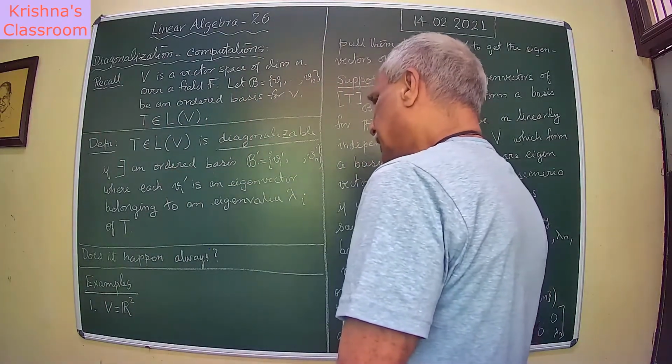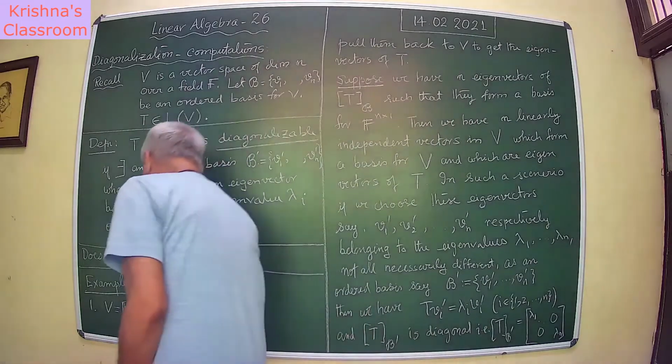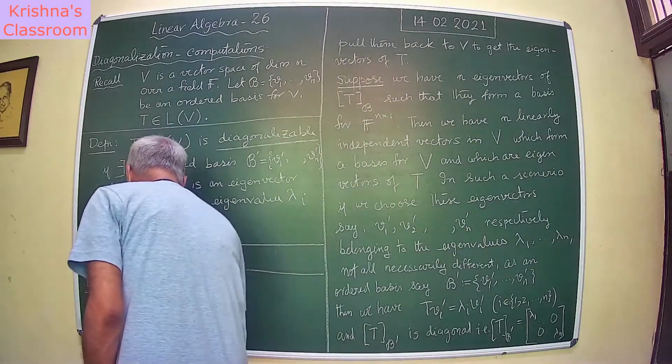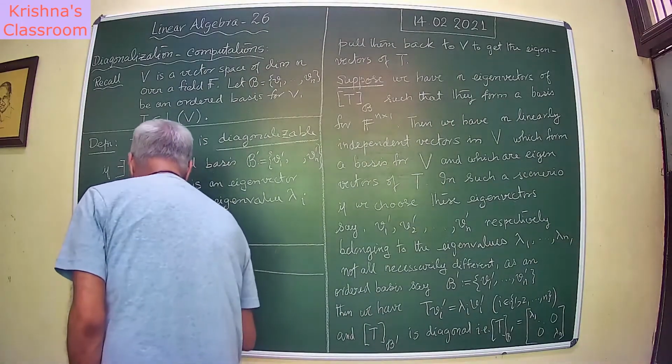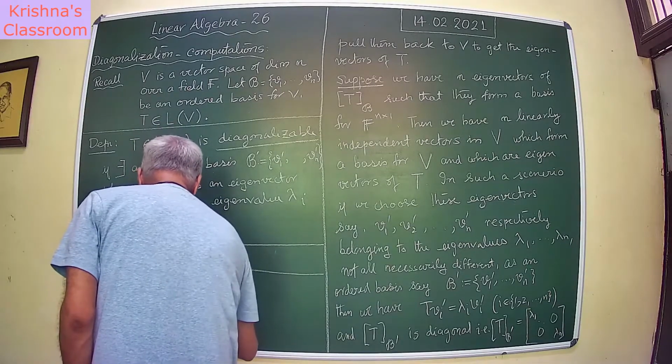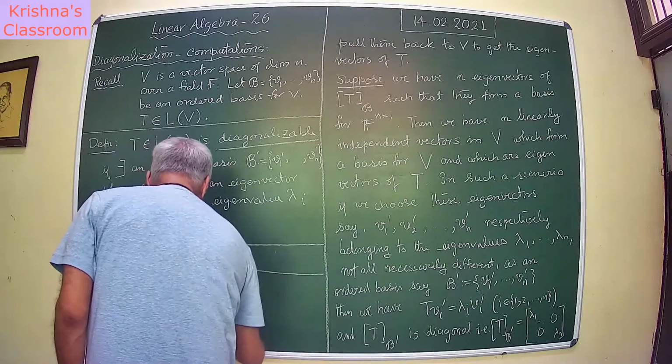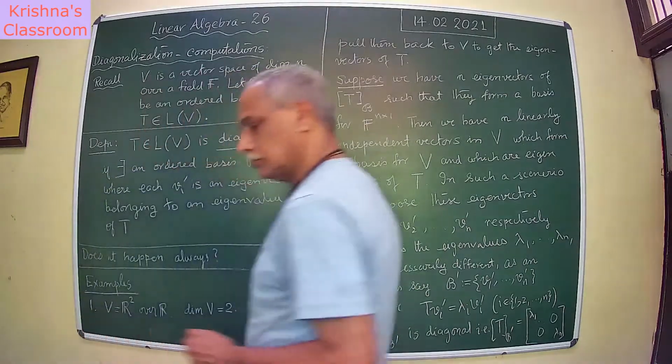So R2 is a vector space over R. Therefore, dimension of V is equal to 2.